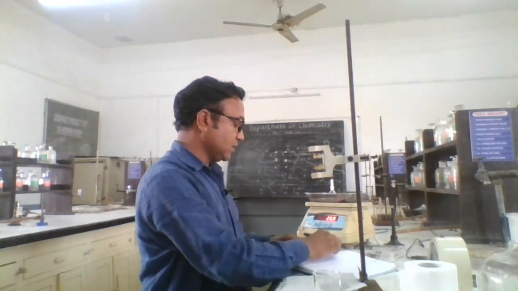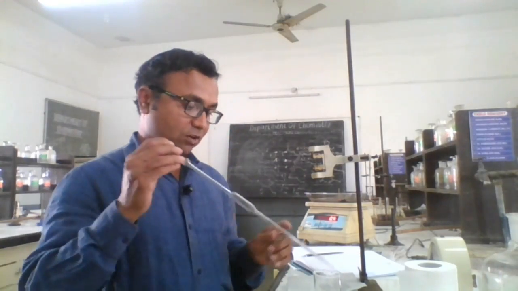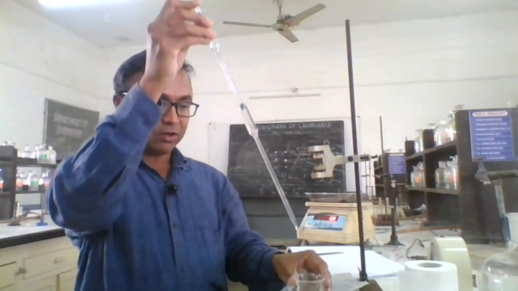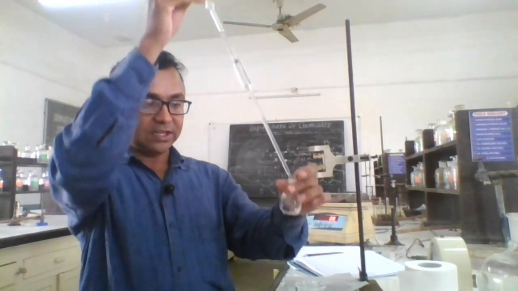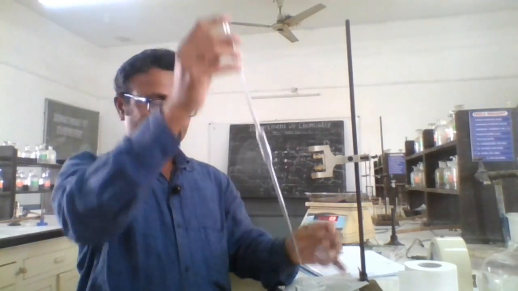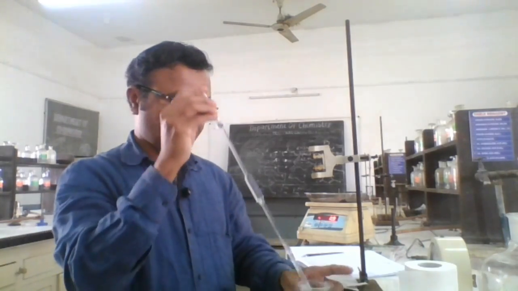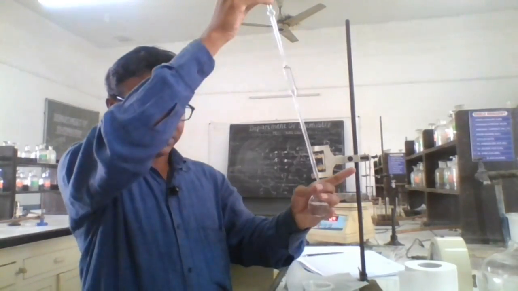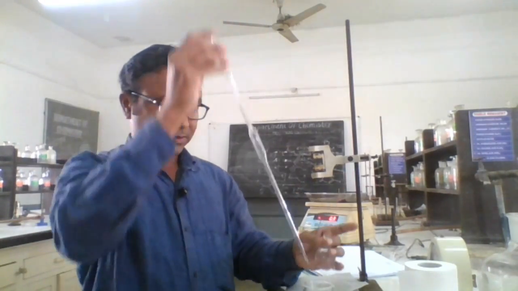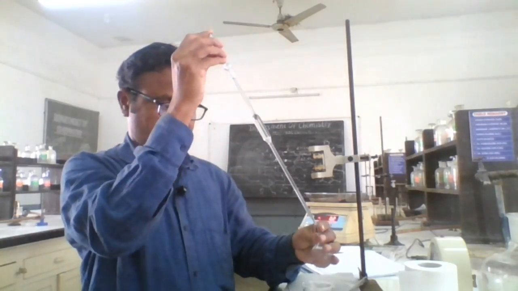Then take this density bottle and insert the distilled water. This is the distilled water. I am just pipetting out the distilled water and inserting it here. You should fill it completely.